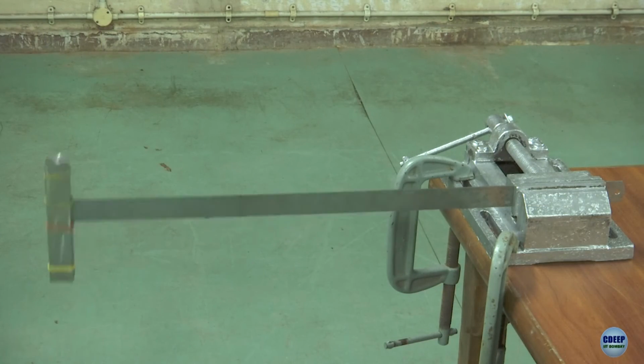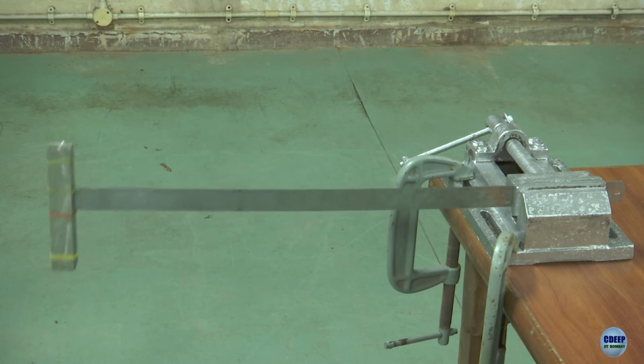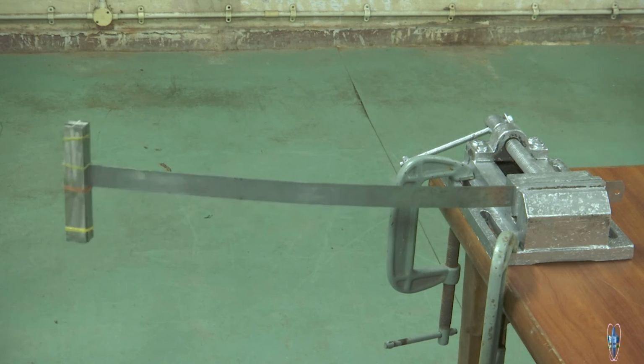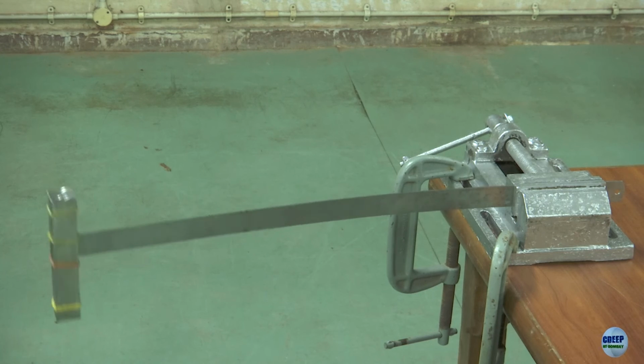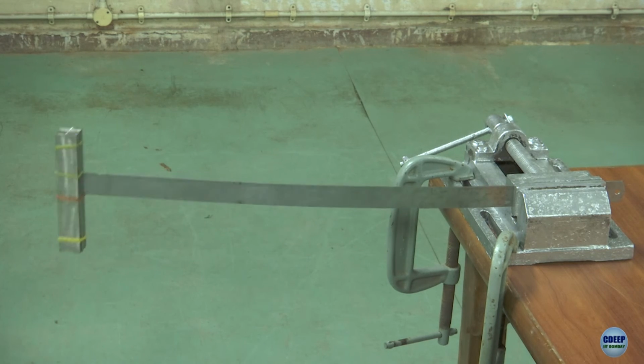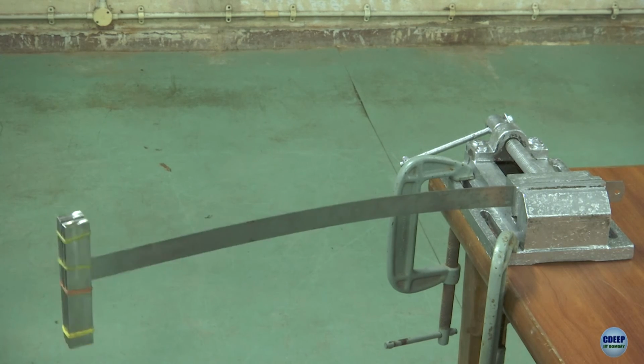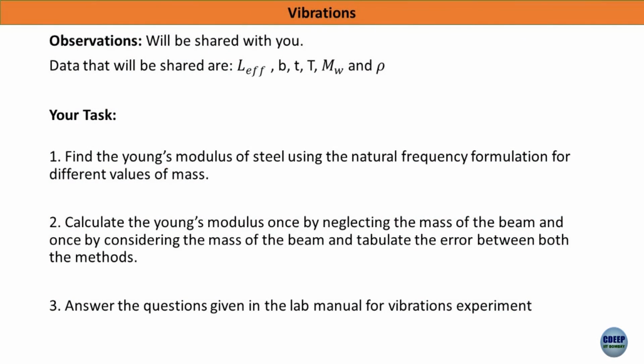We will be repeating these experiments with different weights, like here we have used 4 weights, and we will also be repeating with 6 weights, and we will be noting down the time that is required to complete 20 oscillations, and using the time we will use it in the natural frequency formula to calculate the Young's modulus. So, we have measured all the length parameters and the time needed for 20 oscillations for the steel cantilever beam. We will be sharing all this data with you for the further calculations.